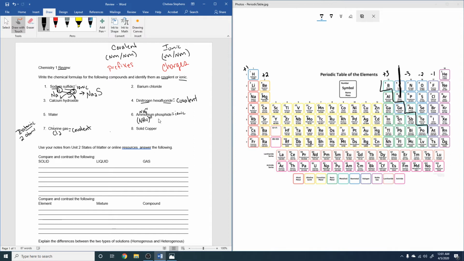And then we have phosphide, which is in the -3. Okay, so we took this one, put it here, this one, put it here. Good.